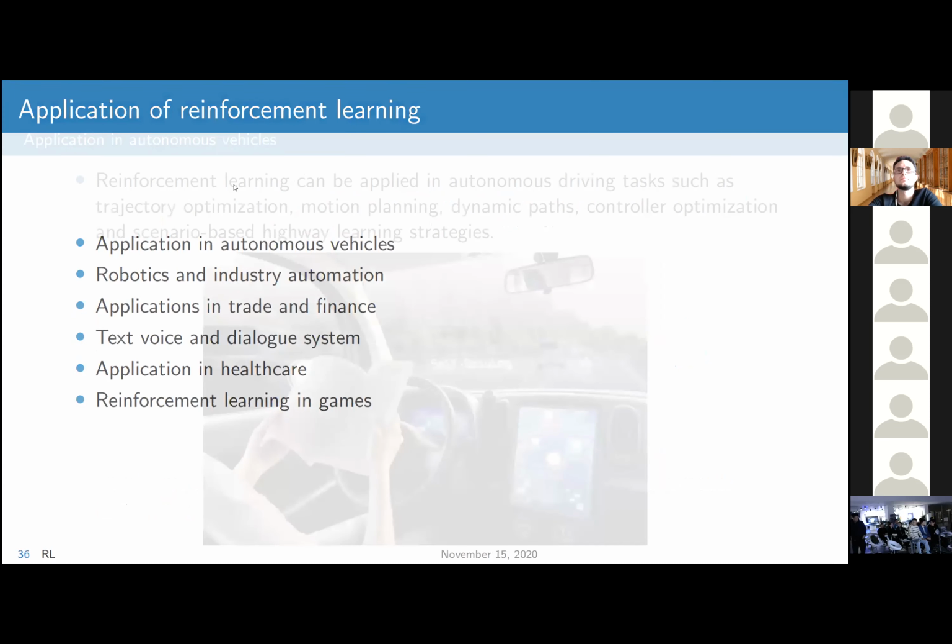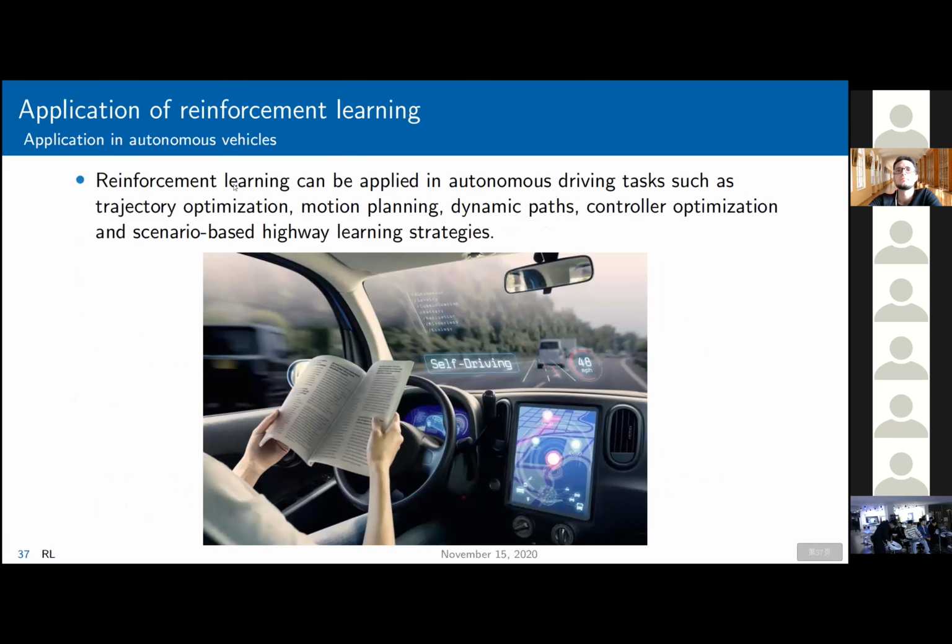The first one is application in autonomous vehicles. Reinforcement learning can be applied in autonomous driving tasks such as trajectory optimization, motion planning, dynamic path controller optimization, and scenario-based highway learning strategies.